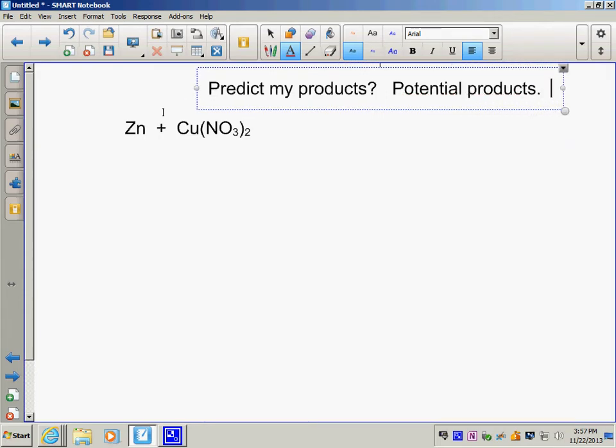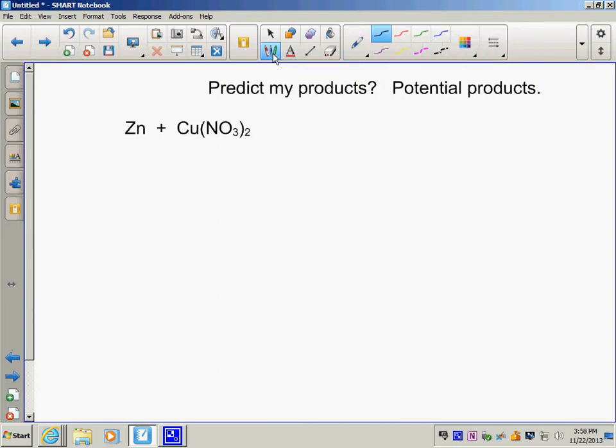Now, in this case, my zinc has no charge. My copper is a +2. My nitrate is a -1. This guy, zinc, being a metal, can become no charge, or it can go to zinc 2+. It can give away electrons.